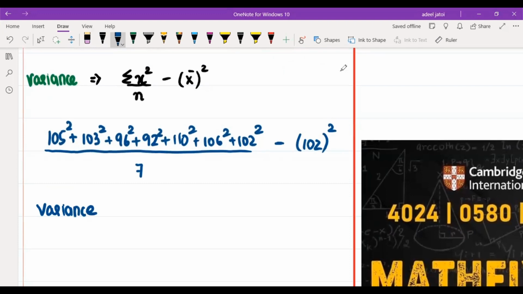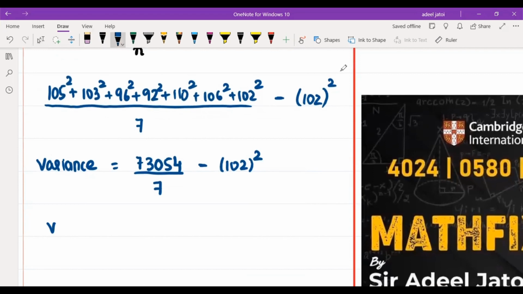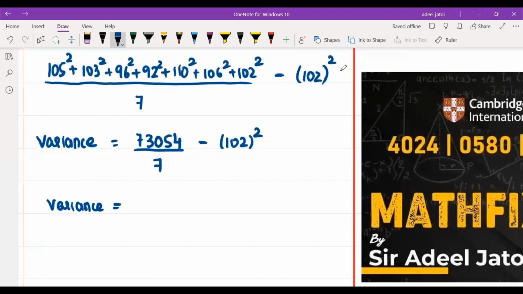We should be getting the value of variance. Your total summation of x square, the numerator, is equal to 73054, divided by 7, minus 102 square. 102 square is 10404. So to solve this, 73054 divided by 7 minus 102 whole square, your variance will be 32.28.